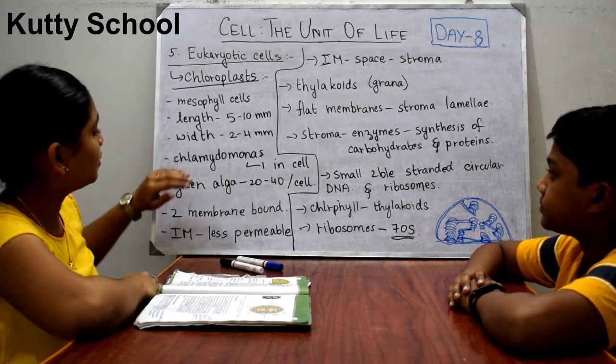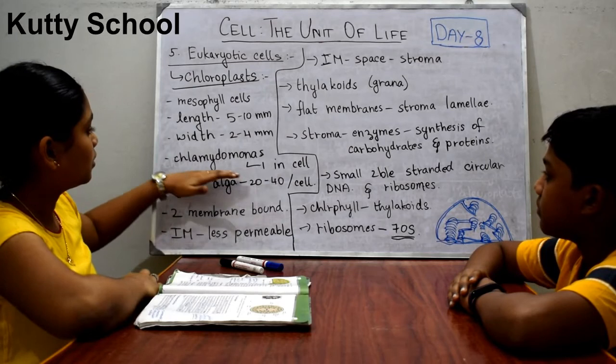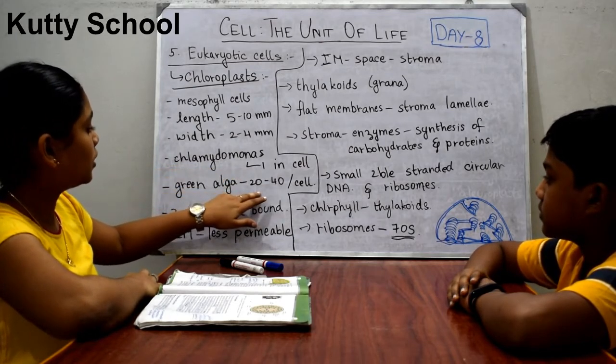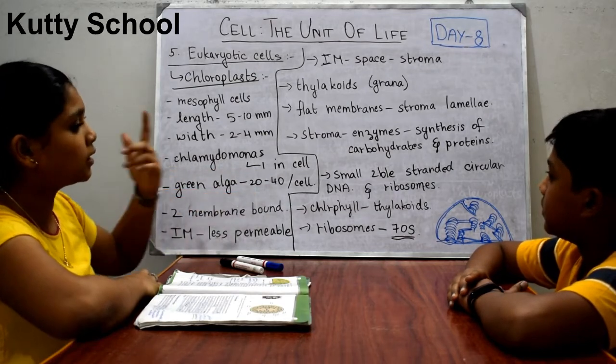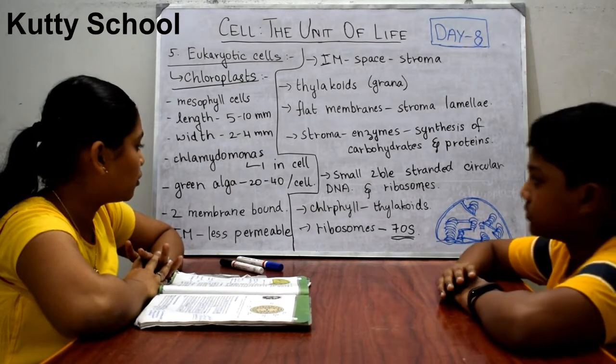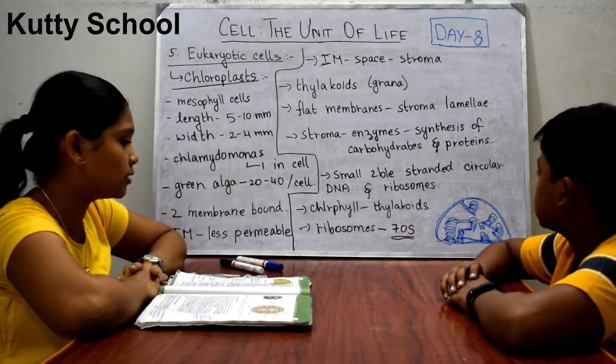Chloroplasts can be one per cell in Chlamydomonas, and 20 to 40 per cell in green algae, present in mesophyll cells.